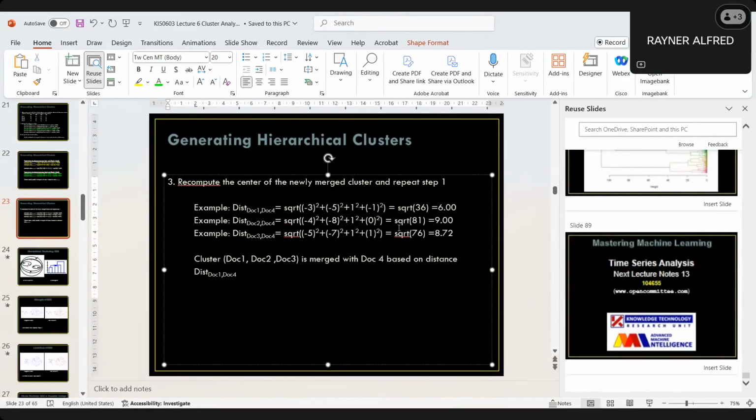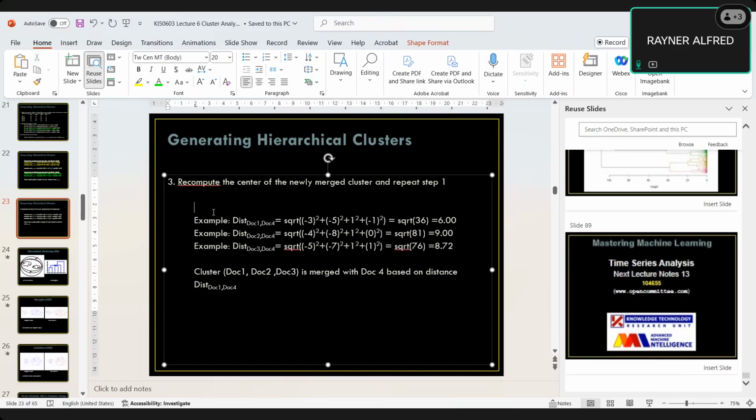Okay. So this is the distance between document 4 to document 1 plus. Okay. So for this one, we choose this one to be the distance. Okay.